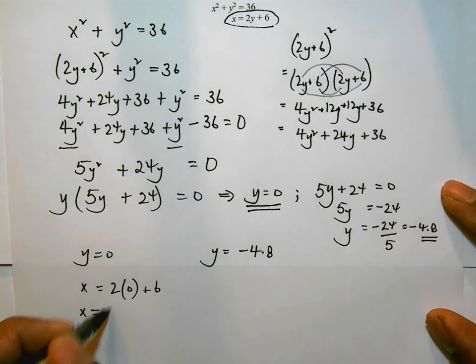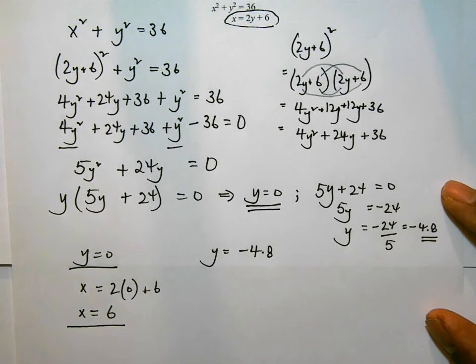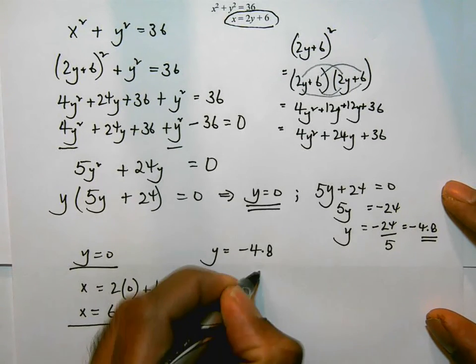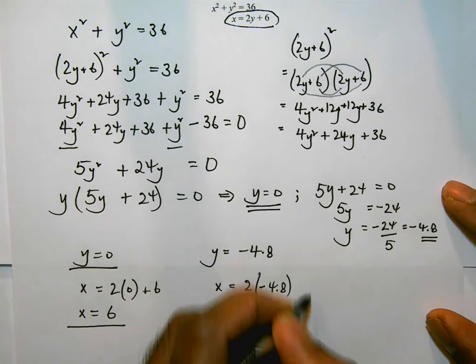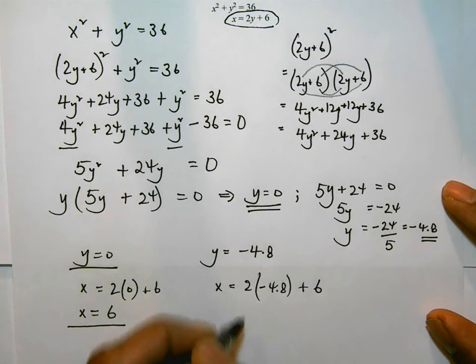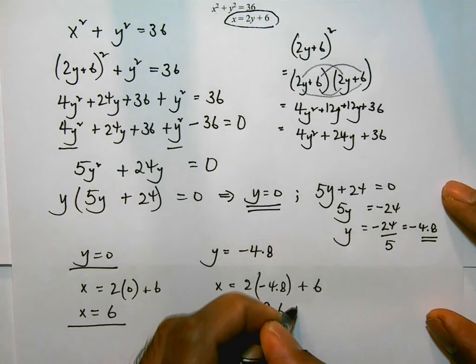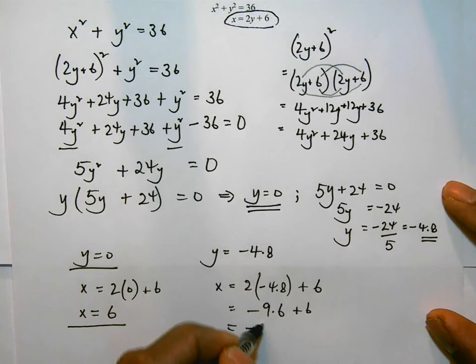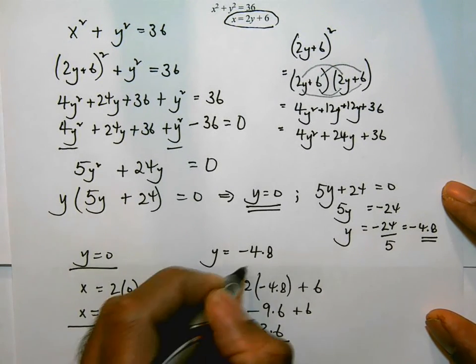So when y is 0, x is 6. I'm going to do the same here. x is 2 lots of y, and y is minus 4.8. And I'm going to add 6 to that. 2 lots of minus 4.8 is minus 9.6. Add that to 6, and I'm going to get an answer of minus 3.6. So that's my value of x when y is minus 4.8.